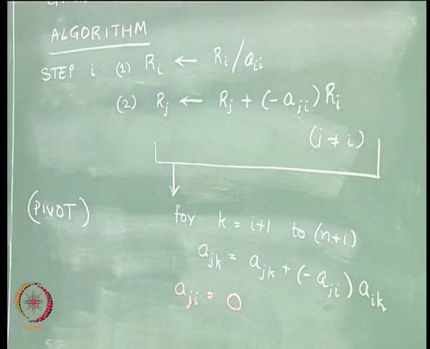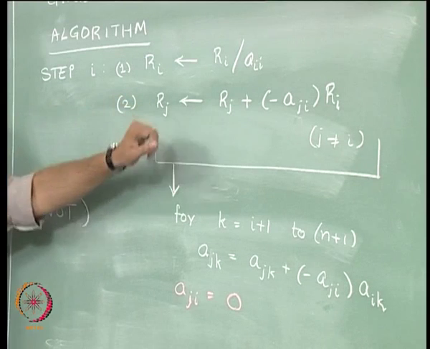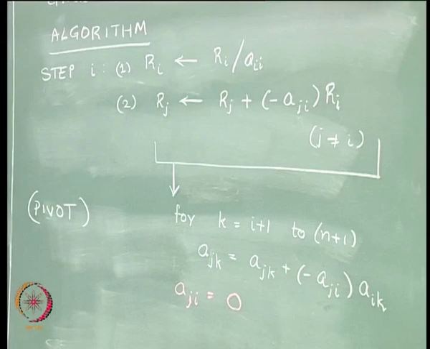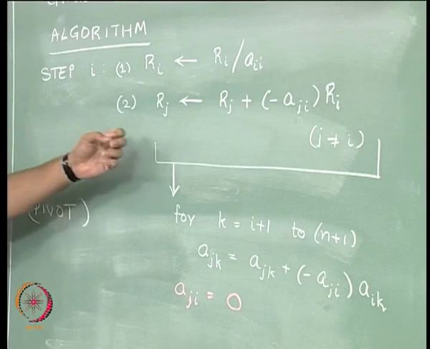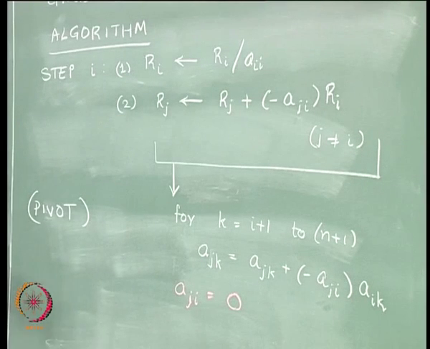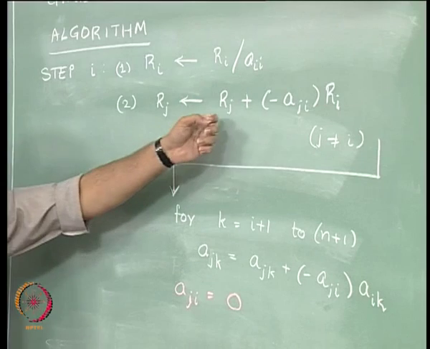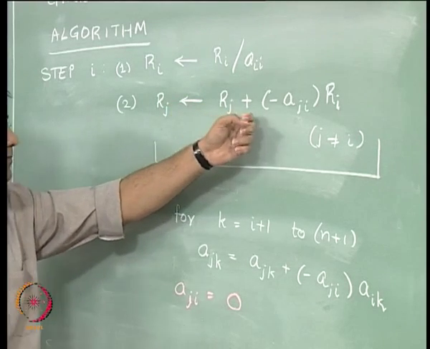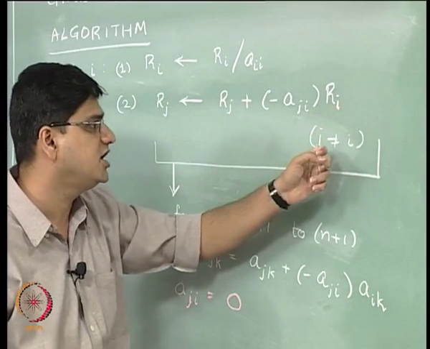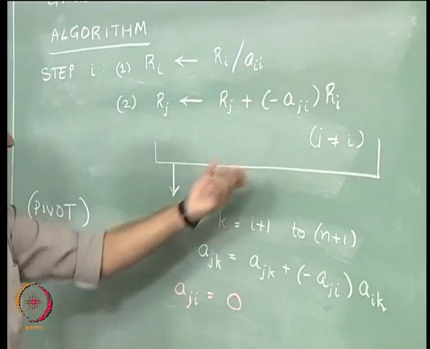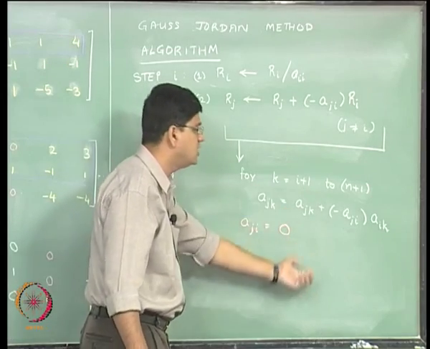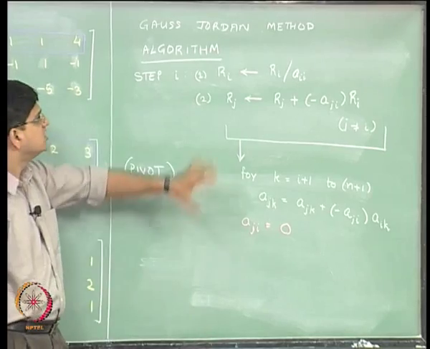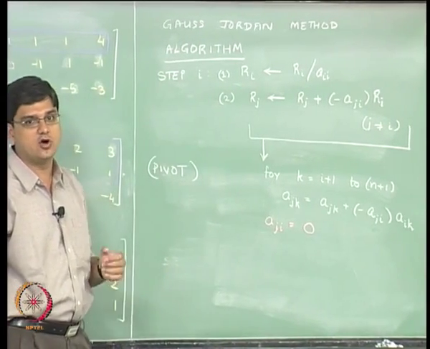We will divide the ith row by the diagonal element on the ith row, and then use the ith row to make the ith column zeros in row 1, row 2 up to row n except the ith row. So, r j given by r j minus a j i r i, where j not equal to i, and this expands into these sets of equations. Okay. So, that is the algorithm overall for the Gauss Jordan method.